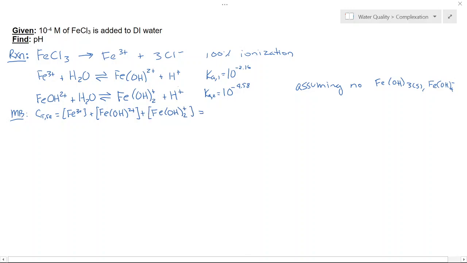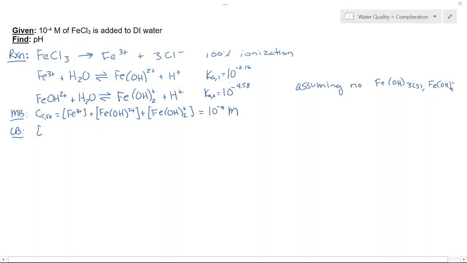And this is all going to add up to 10 to the minus 4 moles per liter, which is equivalent to how much ferric I added initially.